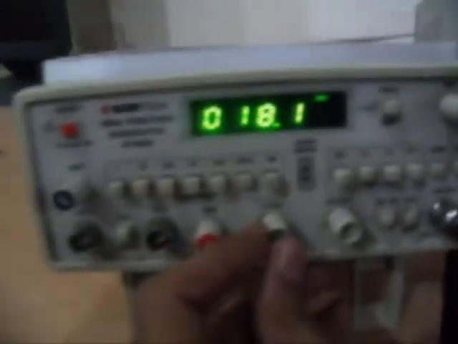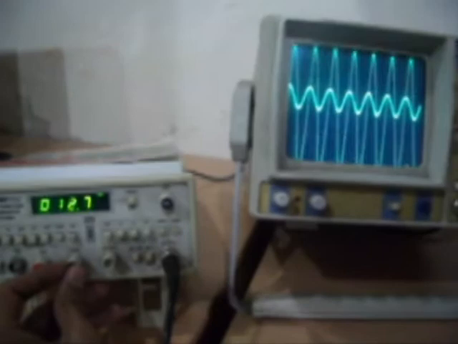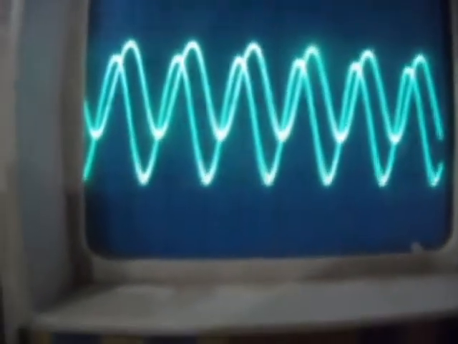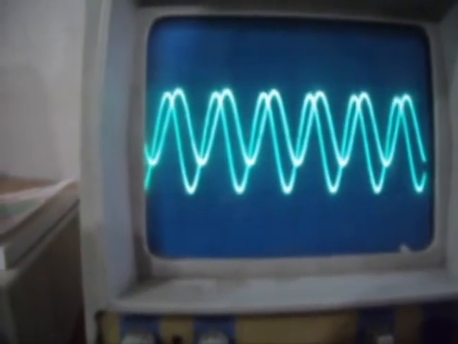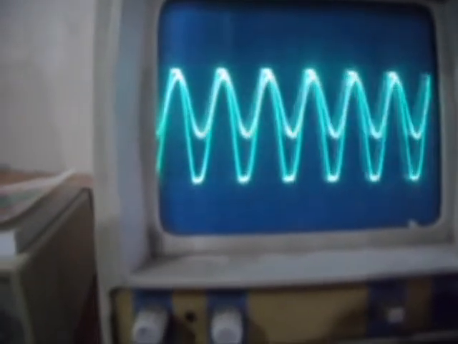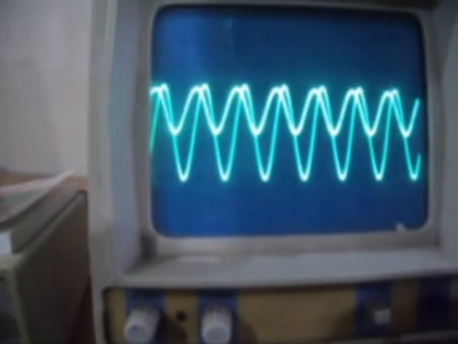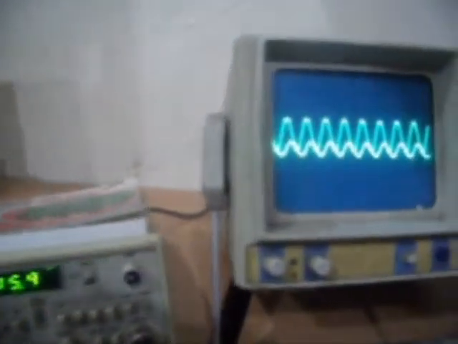You can see the critical point here. This output waveform which is moving was leading, and now this output waveform is lagging, and that point is around 11 kilohertz, which is the critical frequency at which it moves from leading mode to lagging mode.